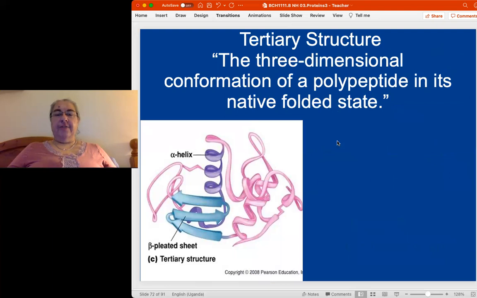Okay, so a definition of tertiary structure: the three-dimensional conformation of a polypeptide in its native folded state. So native here means it's normal folded state. It's folded state that's found in nature.